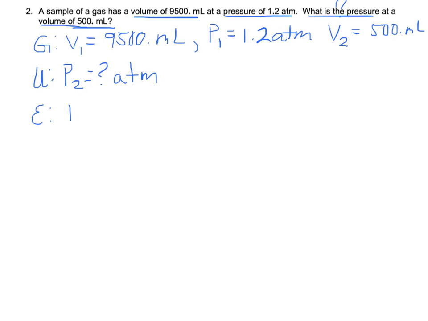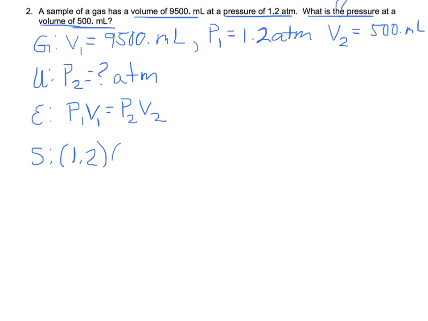So the equation for Boyle's law is P1 times V1 is equal to P2 times V2. Or the better way to say that is the initial pressure times volume is equal to the final pressure times volume. And then we just substitute in our numbers. So our initial pressure is 1.2 atmospheres.